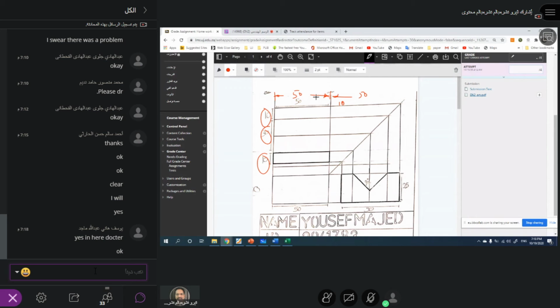And this should be 10 millimeters. See which one is the extension line, which one is the actual line. That's why you make these lines thicker, and now I don't know where exactly it is. So this should be a thinner line. And here, extend this, and then you have to draw the hidden line.